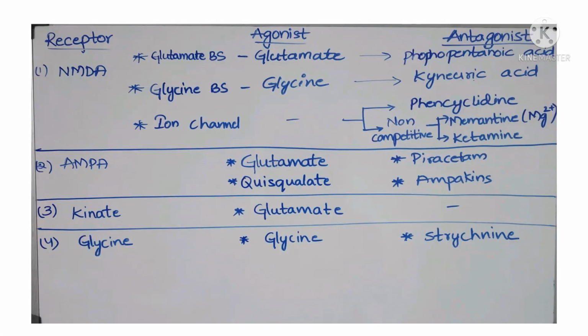And here we can see the agonists and antagonists. NMDA has three binding sites: the glutamate binding site, the glycine binding site, which is nothing but a modulatory site, and also the ion channel. Here the agonist is obviously glutamate and the antagonist is phosphopentanoic acid. Under the glycine binding site, the agonist is glycine and the antagonist is kynurenic acid. Kynurenic acid is acting as an antagonist, which is why we wrote it initially in the classification as inhibitory.